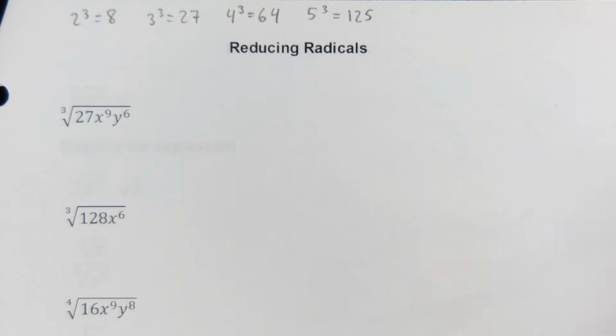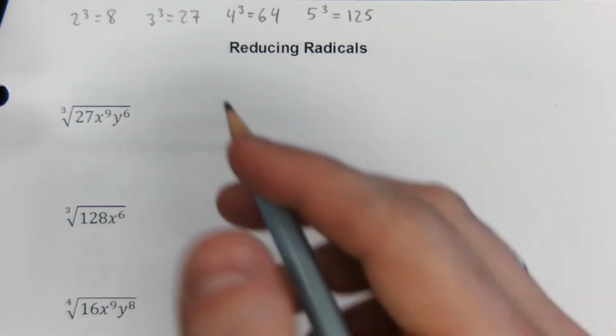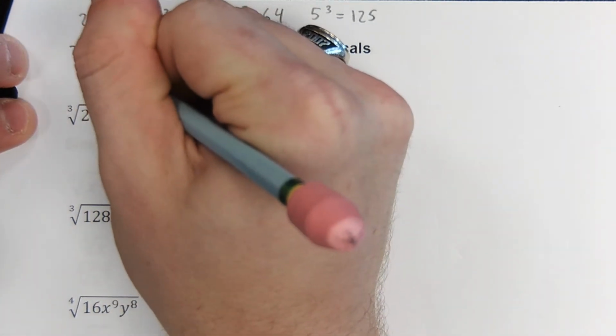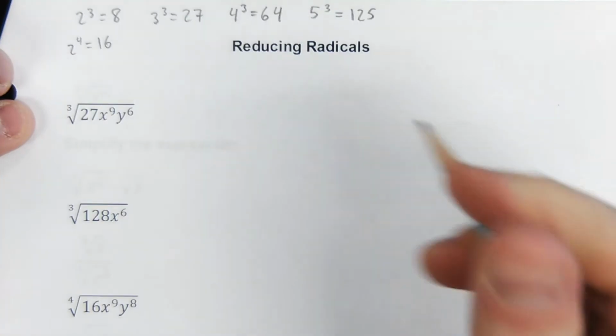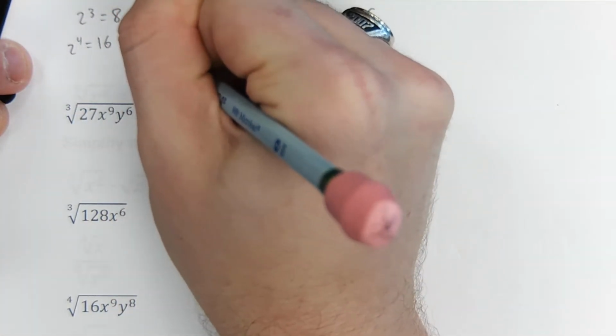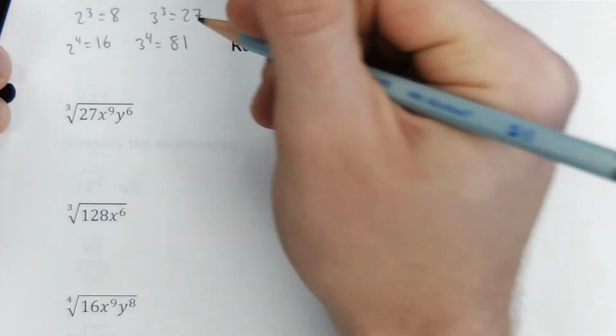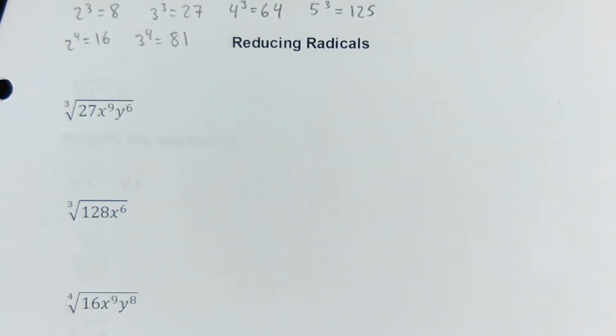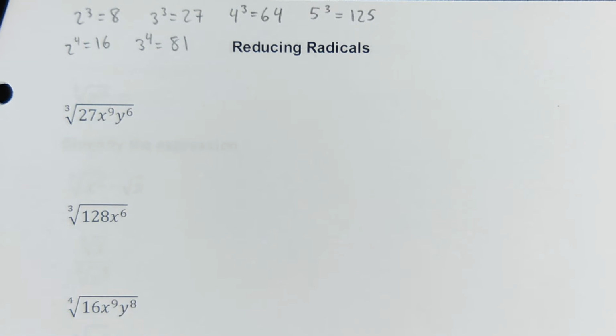I need you to know a couple fourth powers, which I've already talked to you about. I would like for you to know that 2 to the fourth is 16. And I would like for you to know that 3 to the fourth is 81. I don't need you to know any more than that, because they start getting really big. I mean, 4 to the fourth is 256. 5 to the fourth is 625.